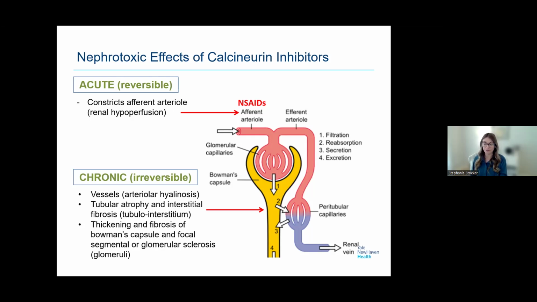So if your transplant pharmacist gets all worked up when you have a patient on an NSAID, it's because they're literally both constricting the same arteriole here. And then you also see chronic, irreversible nephrotoxicity, which usually happens over years of having patients on a CNI. And this is characterized by tubular atrophy, interstitial fibrosis, and this is, again, not usually reversible.